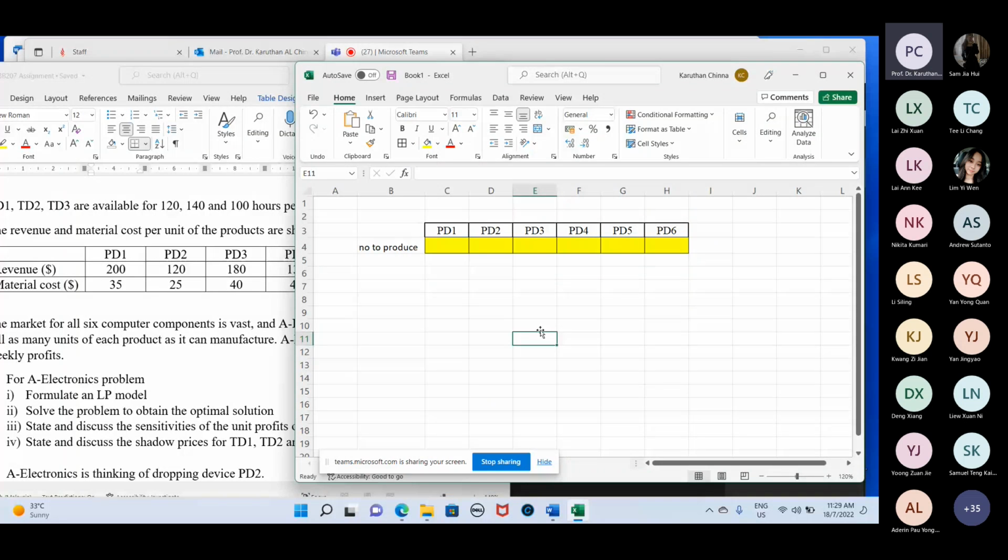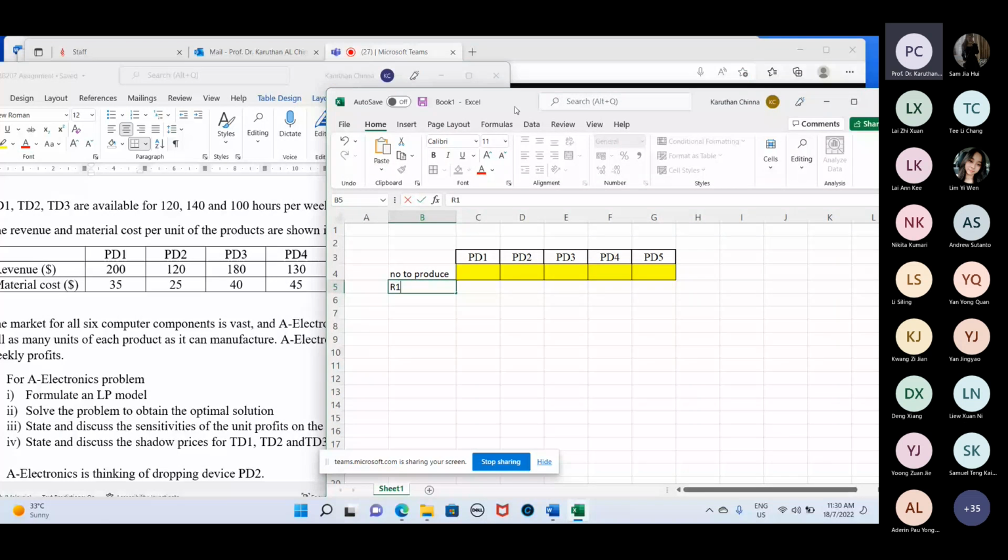I'm not supposed to give this question, okay? I'll give some other example. I'll go for only 5 products. Right. Resources. How many resources are there? 3 resources. I'm going to make 4 resources.